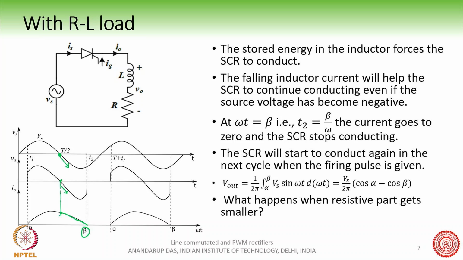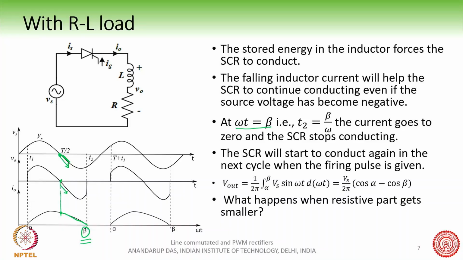That stored energy will force the current to continue, and it will force the SCR to conduct in spite of the fact that the source voltage has gone negative, until the point beta is reached, where the stored energy in the inductor becomes equal to 0.